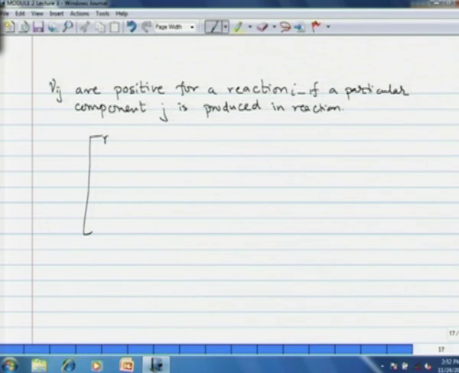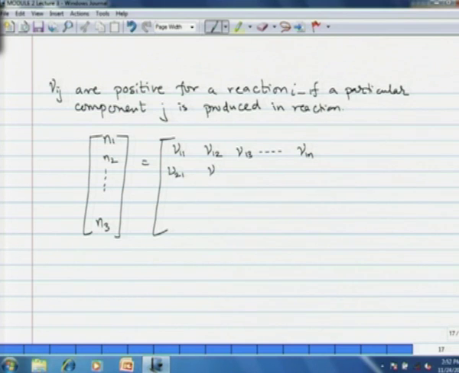Now, in such an approach, we can very easily create a matrix of calculation in which we will write all the stoichiometric coefficients in matrix form and then multiply it by the matrix of extent of reactions.